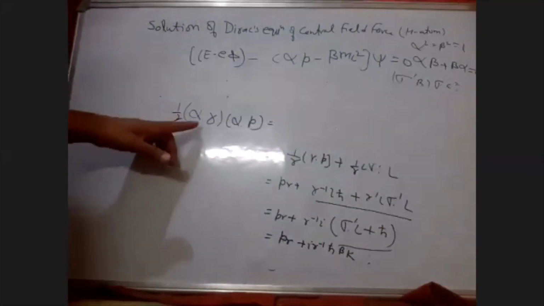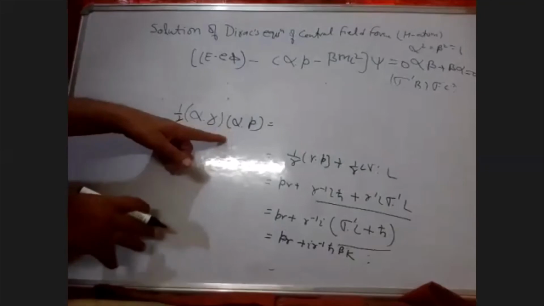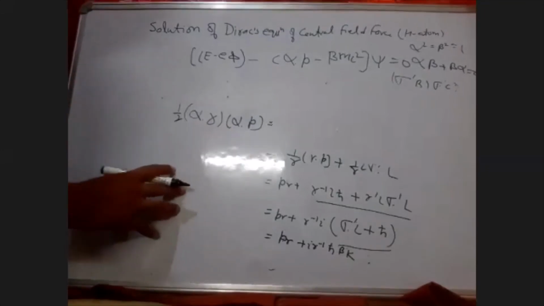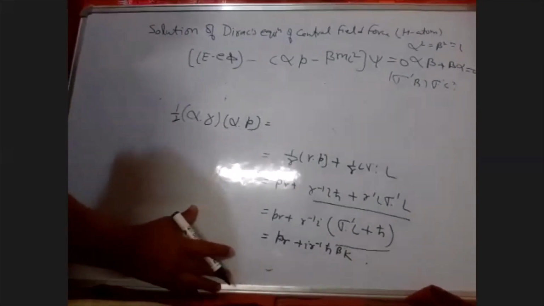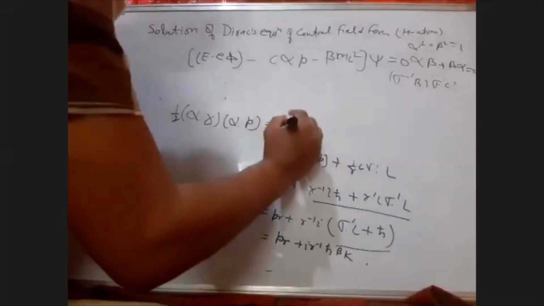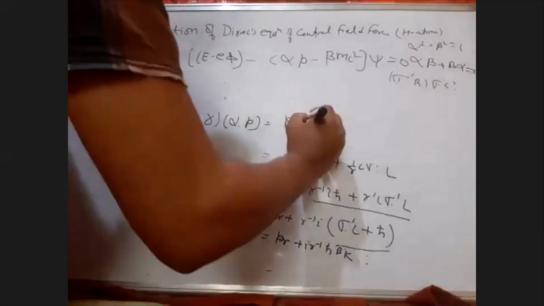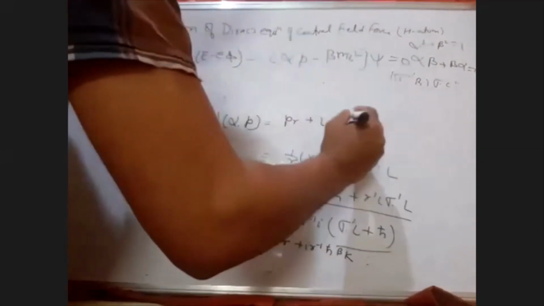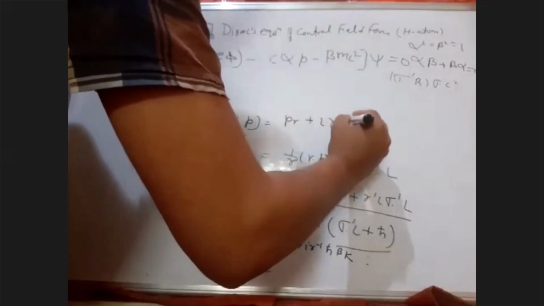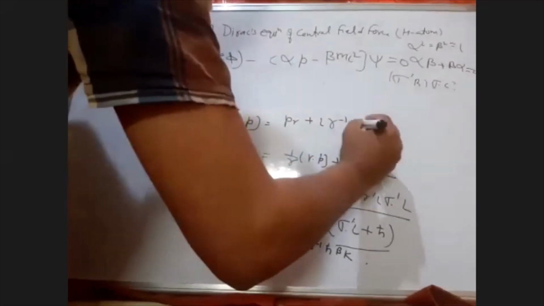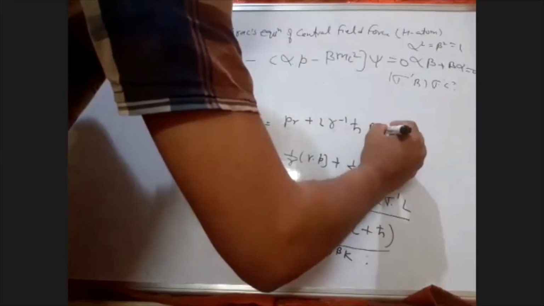Okay. So 1 upon r, alpha dot p is equal to pr plus i r inverse h cross beta k.